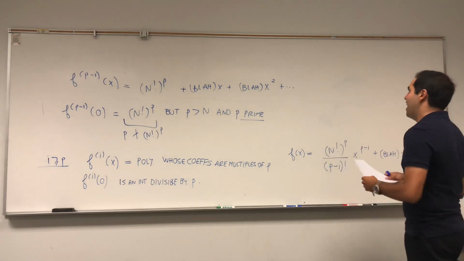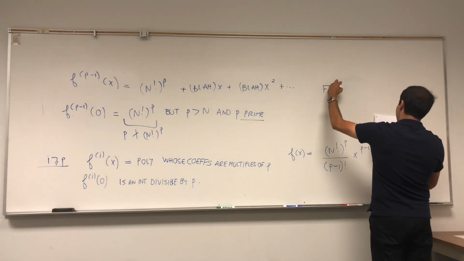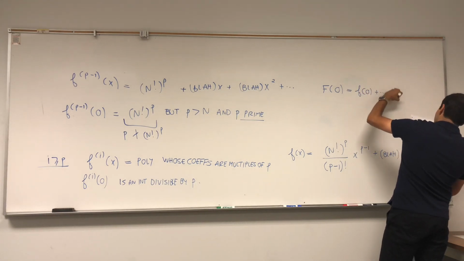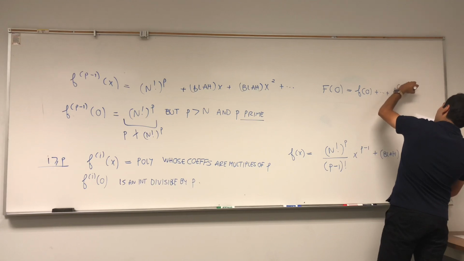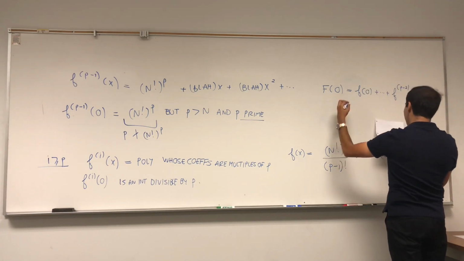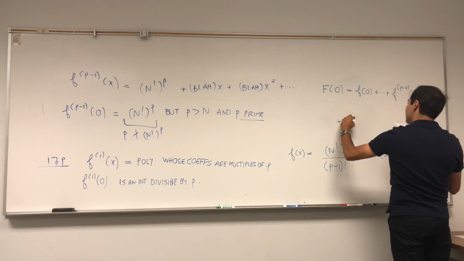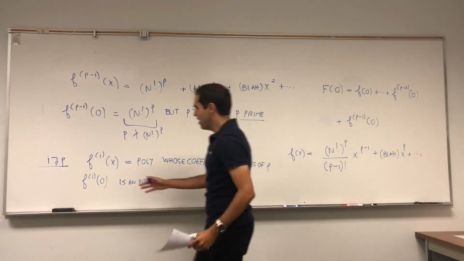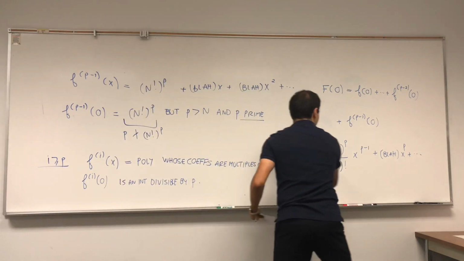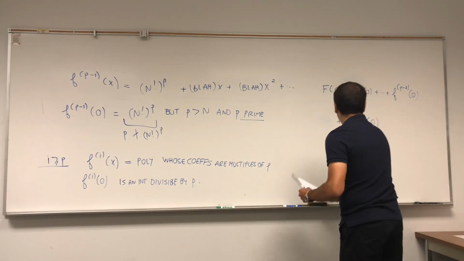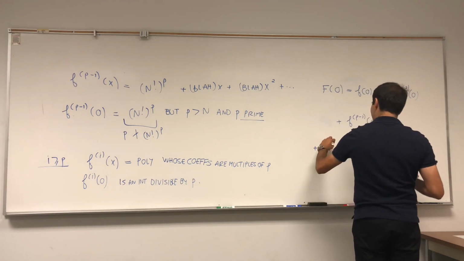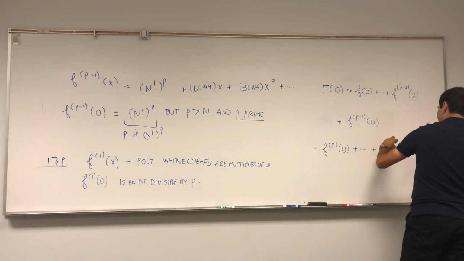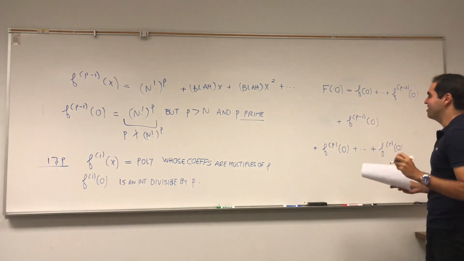And so what do we have? Well, remember, capital F of 0, by definition, is the sum of derivatives of f. So f of 0 plus the p minus second derivative of f at 0 plus the p minus first derivative of f at 0, and the higher derivatives, f of p of 0 plus dot dot dot plus f of r of 0, where r is the degree of f.